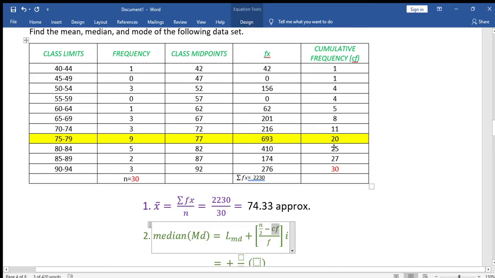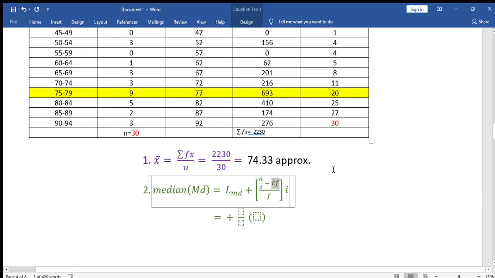Our CF should always be lower than the value of n over 2. That's pretty obvious, okay? I'll repeat. To find out your CF is simply divide your n by 2, and your CF should not be greater than its value because that will be negative and that would be a mistake. That's why we have to use 20, not 11.